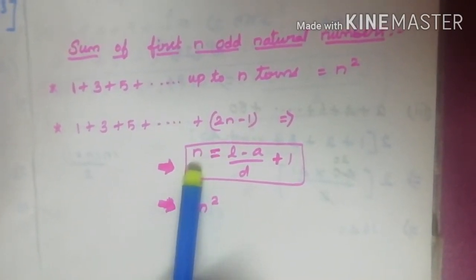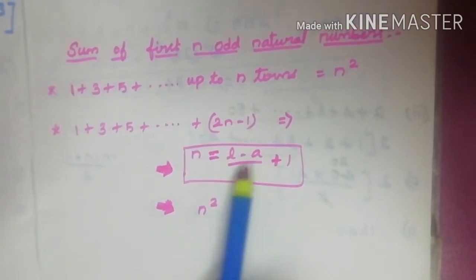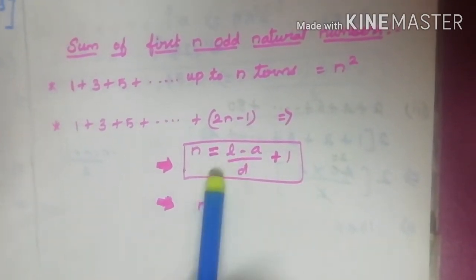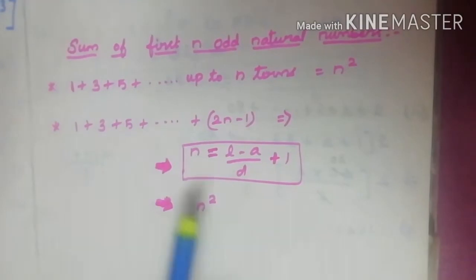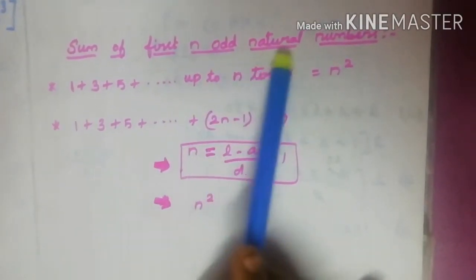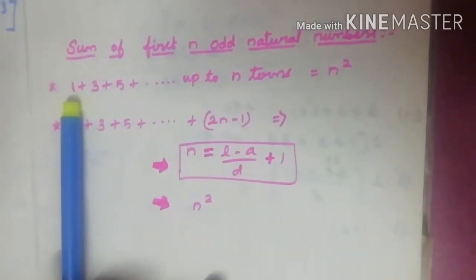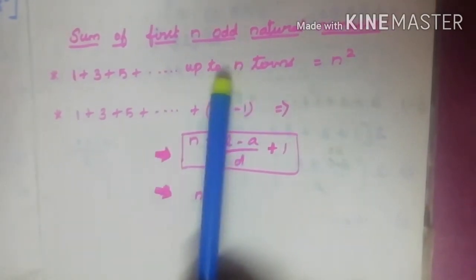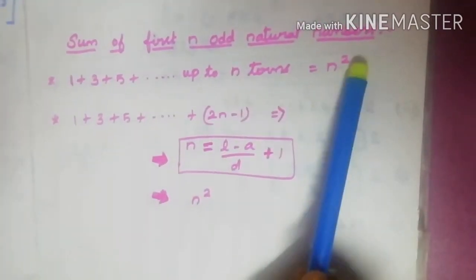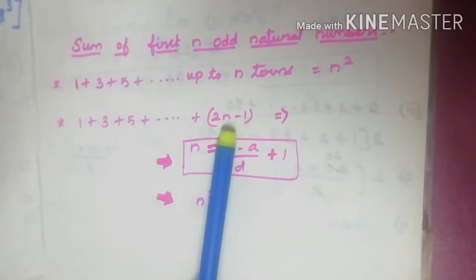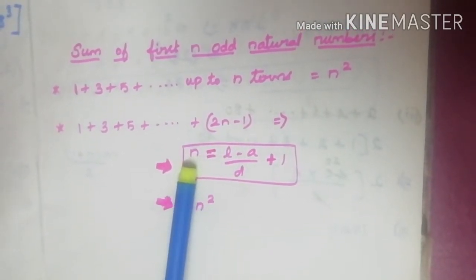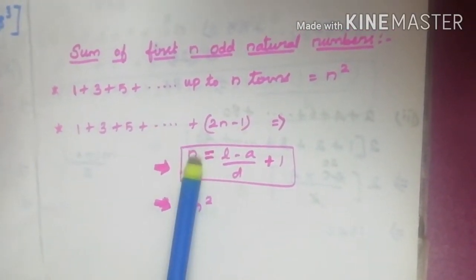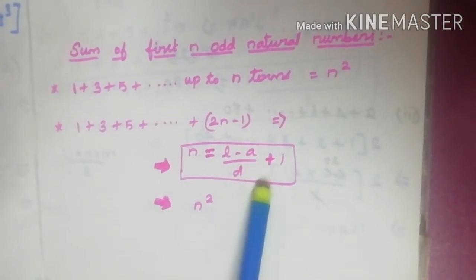The formula for n is n equals L minus a by d, plus 1, and then we find n square. So we have two formulas for odd natural numbers: up to n terms means n square, and when the last term is given, we first find n and then n square, where the n formula is L minus a by d plus 1.